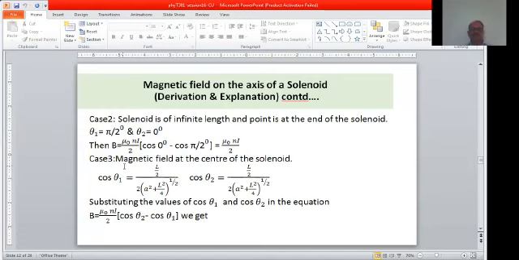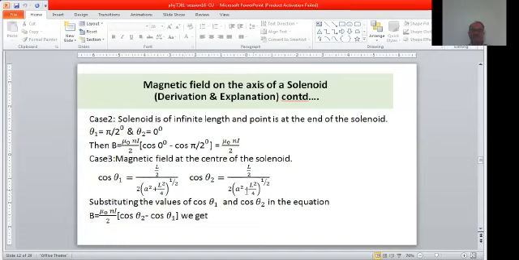Another case is case 3, the magnetic field at the center of the solenoid. When the point is exactly at the middle of the solenoid, cos theta 1 becomes L upon 2 divided by A into root of A square plus L square by 4, because cos theta means adjacent side divided by hypotenuse. Adjacent side is half of the solenoid, so it is L by 2, and this is the hypotenuse.